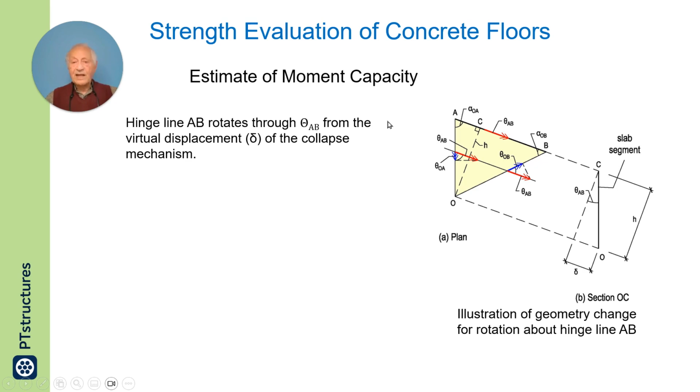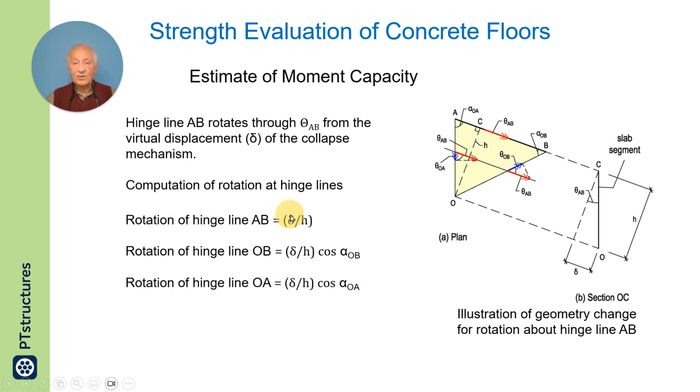Now the hinge line AB rotates about this axis AB because this point O displaces by delta. That is why it rotates, and the entire triangle comes down with it. The rotation of hinge line AB is the downward movement divided by this length.